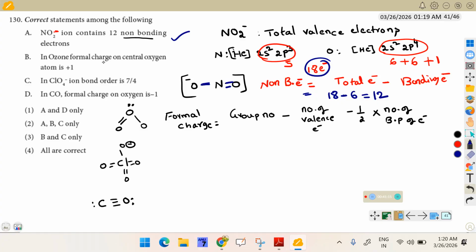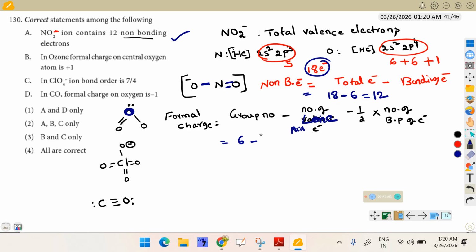In ozone, the formal charge on the central atom is +1. Formal charge is calculated using this formula: group number of oxygen, 6, minus number of lone pair electrons.